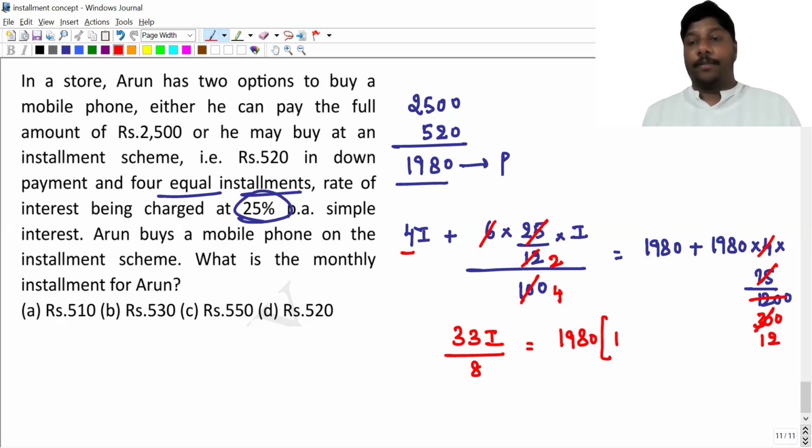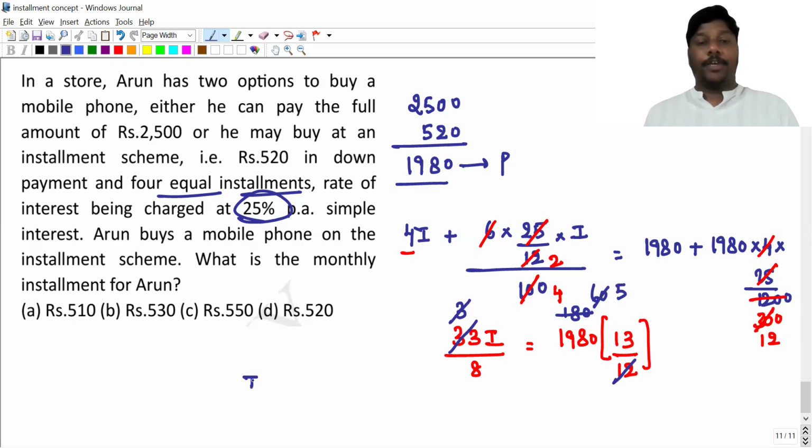So we are getting 13 because 1 plus 1 by 12, 13 by 12 you're going to get, right? Take it like that. After that, you can simplify. 11 3s are, 11 1s are, 11 8s are, 3 1s are, 3 60s are, 12 1s are, 12 5s are. Therefore, I is equals to 8 5s are 40.